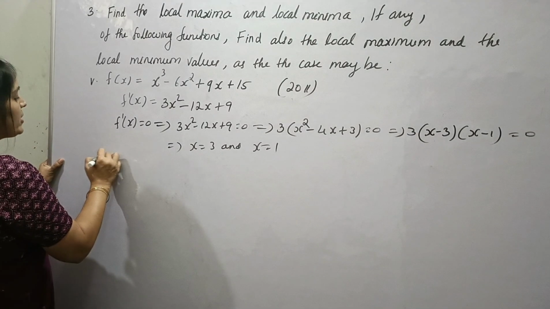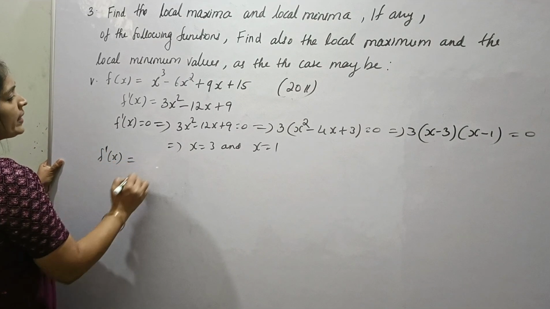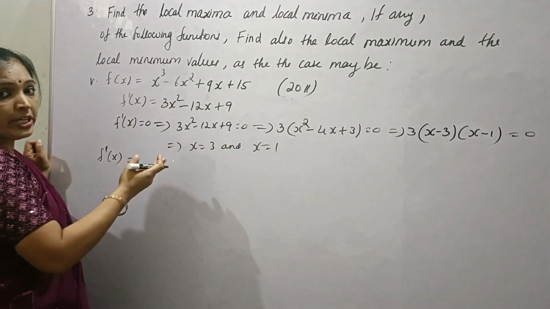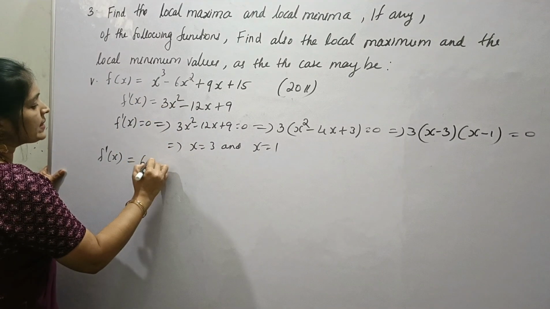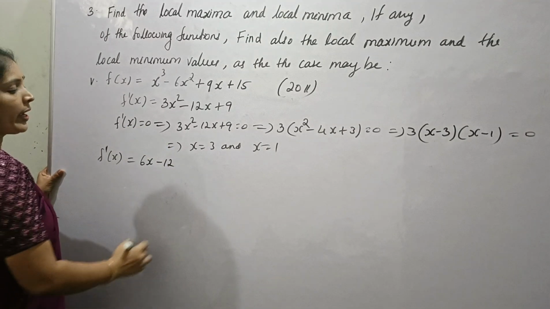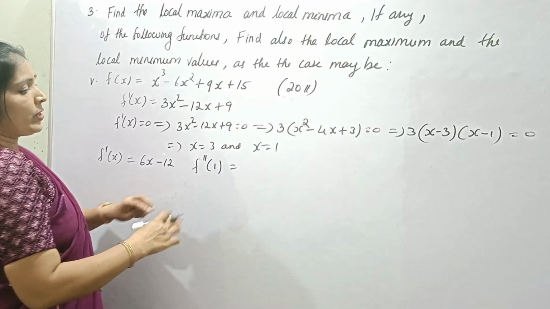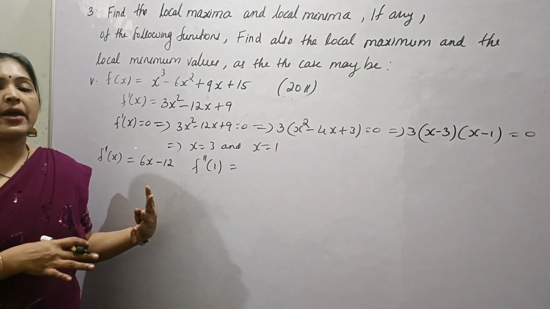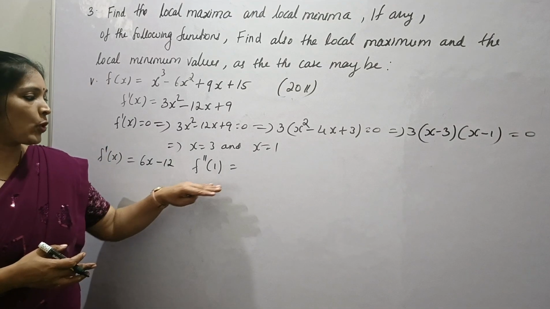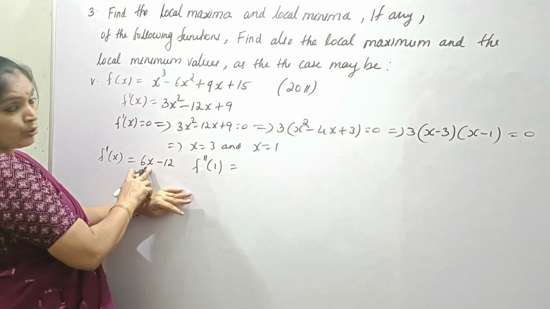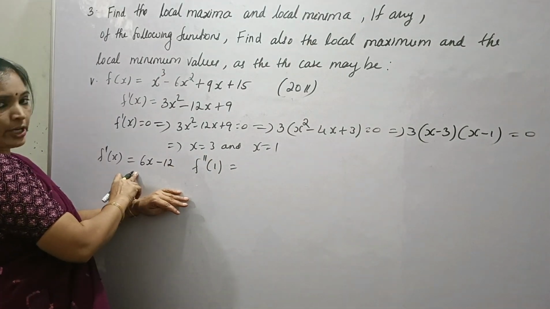So next we will find f double dash of x. That is, our f dash of x differentiated with respect to x, that is 6x minus 12. Okay, then let's find f double dash of 1. So here we have to check whether this is greater than 0 or less than 0. Okay, so f double dash of 1 is equal to, substitute x is equal to 1 in f double dash of x.